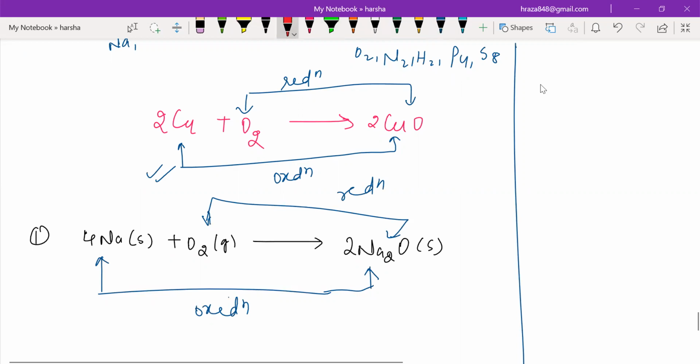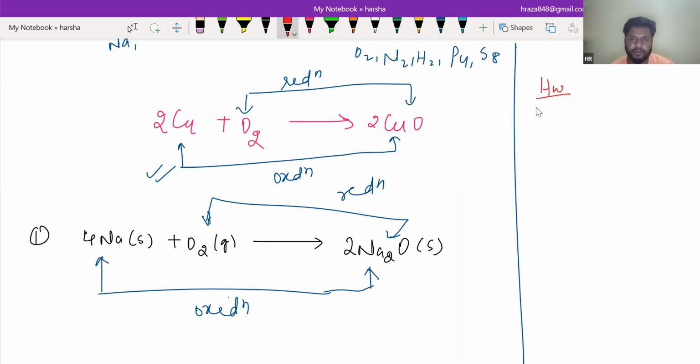Now I'm going to give you homework of this chapter from the exercise. We have already done some questions from the exercise: question number 1, 2, 3, and 4. We have done questions on balancing, right?